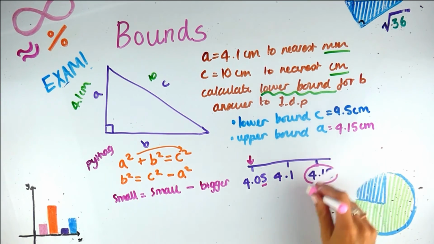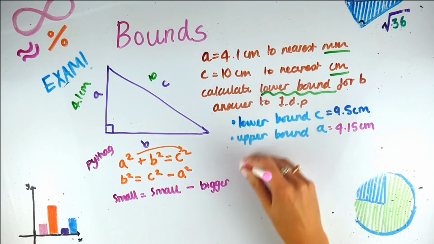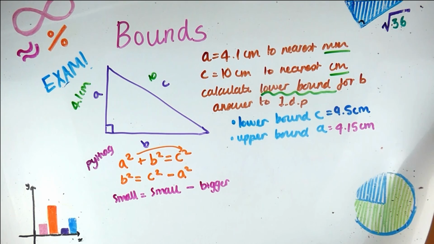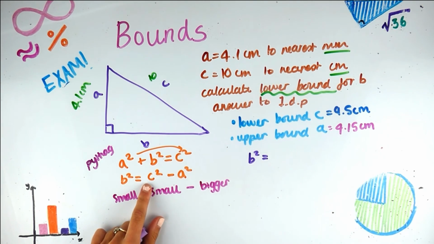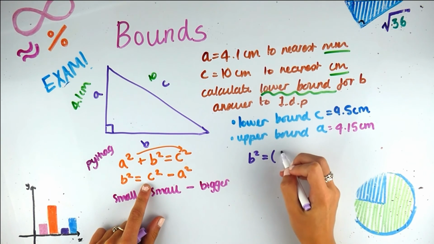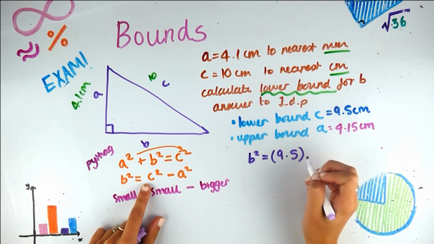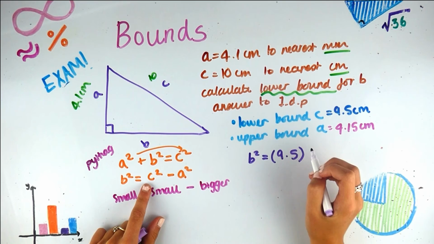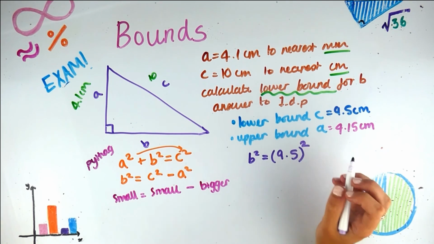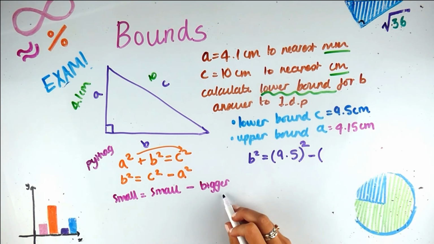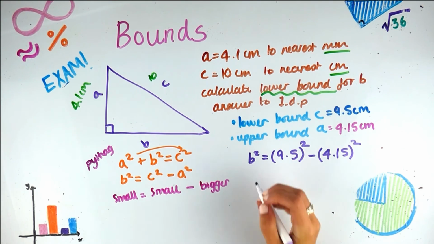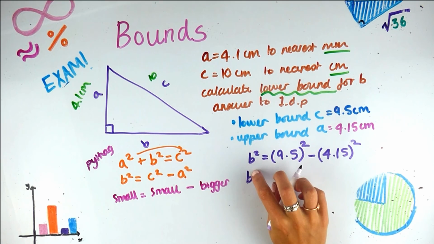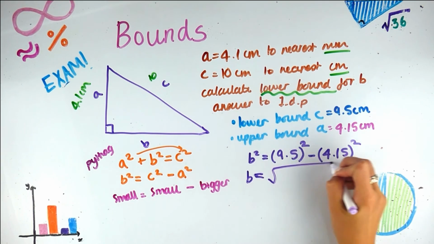So now we can just plonk those two values in our equation. So we have b squared equals c squared, the smallest value for c though, 9.5 centimetres squared, minus the upper bound for a, 4.15 squared, and then we want to rearrange for b, so we want the square root of all of this side.